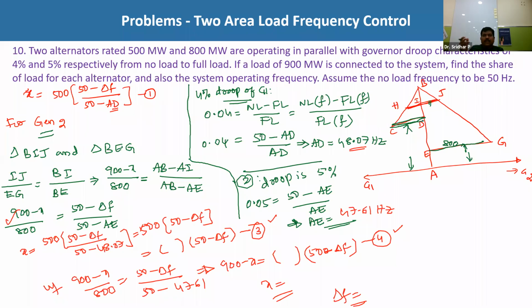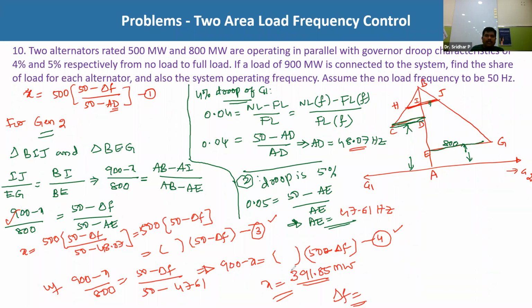Yes, x is equal to, I think, 391.85 megawatt. You got 393? Maybe x is equal to 391 or 393.